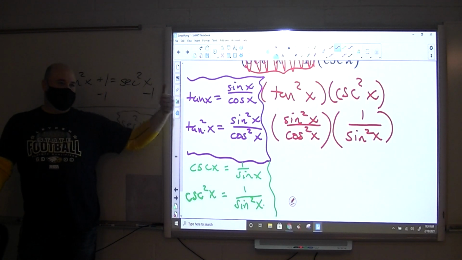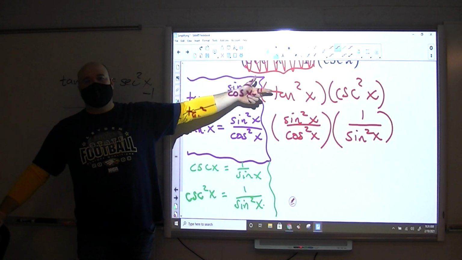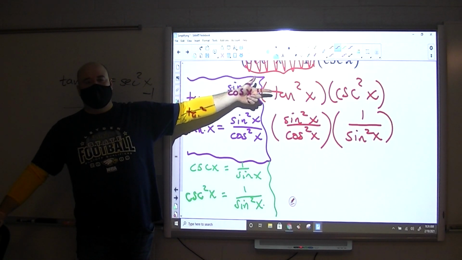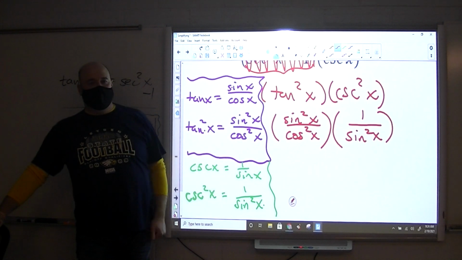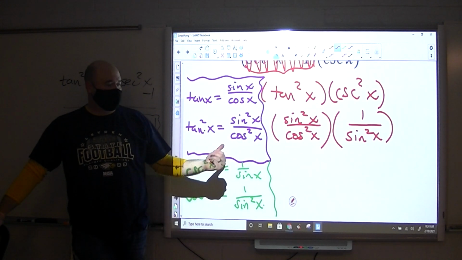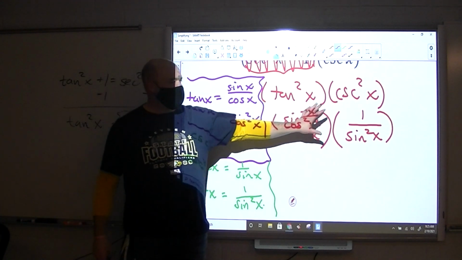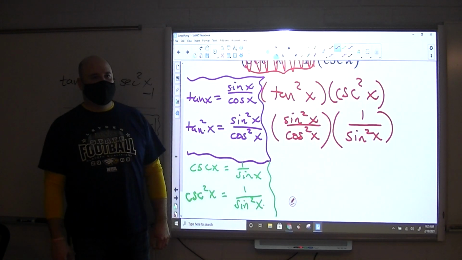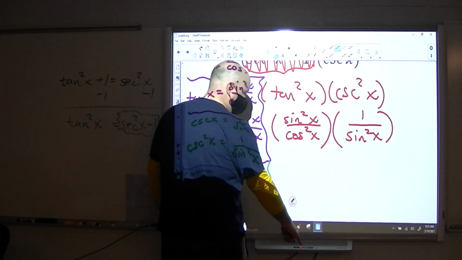So we manipulated and substituted the squared term using a Pythagorean identity. Then we wrote everything in terms of sine and cosine. And at this point, seeing this for the second or third time now, when we multiply these two fractions together, we can cancel on the diagonal, we can cross cancel.